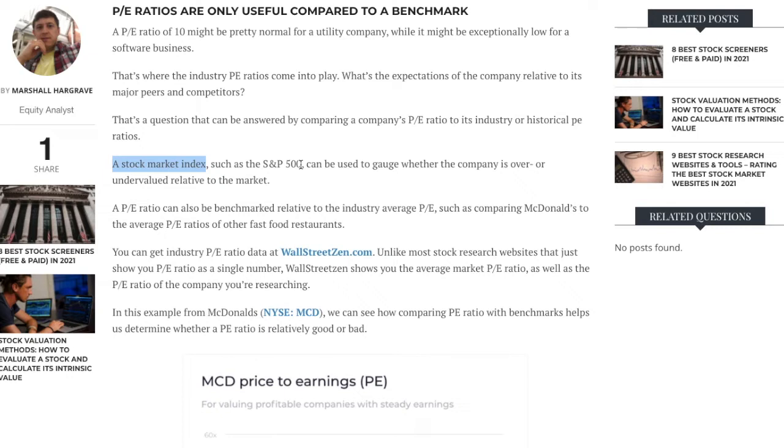So if you were to compare the S&P 500 average PE ratio, which is about 13 to 15. But if you were buying a stock and it had a PE ratio of 20, that would mean that it's trading at 20 times its earnings, or a multiple of 20 of its earnings.